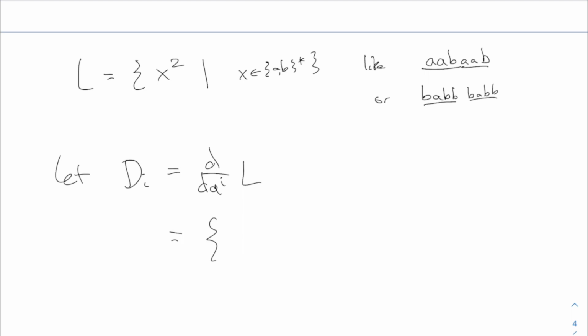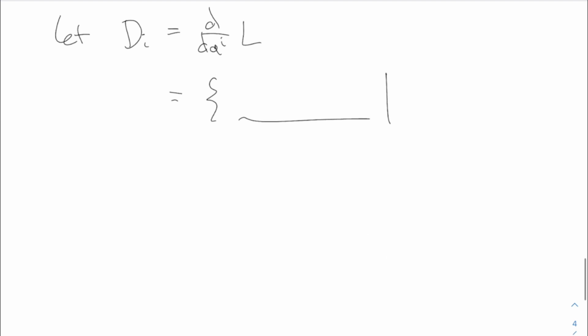I'm going to fill in the blanks here. I'm not going to call it X anymore, but what do the strings look like after you cancel a bunch of A's? So I'm going to do a little sidebar here. We imagine strings like x squared, which begin with a to the i.